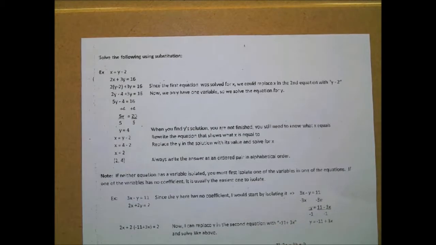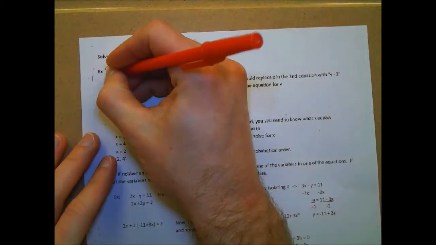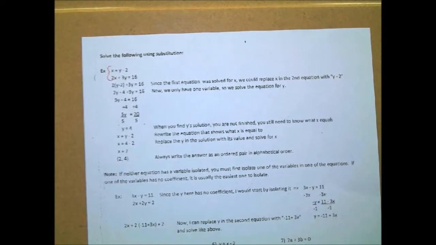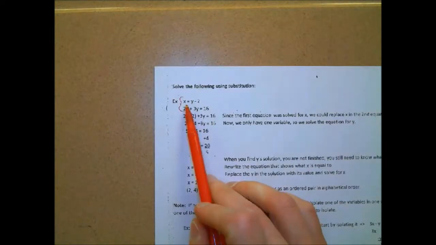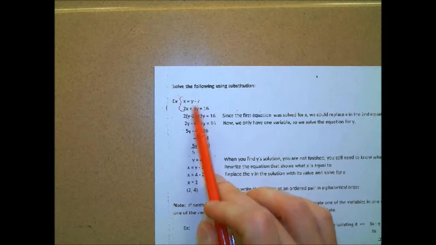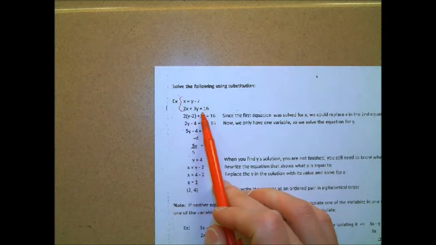Anyway, so let's take a look here at this particular system and this method. So here is our system. I'm going to zoom in maybe a little bit more there for us to see. That's the system. This equation, x equals y minus 2, and this equation, 2x plus 3y equals 16.